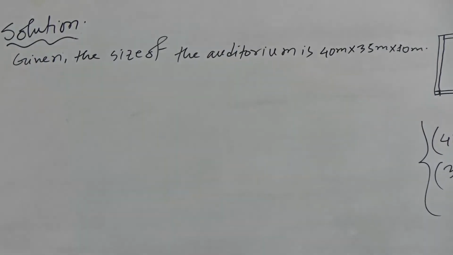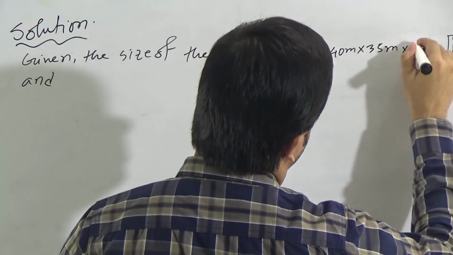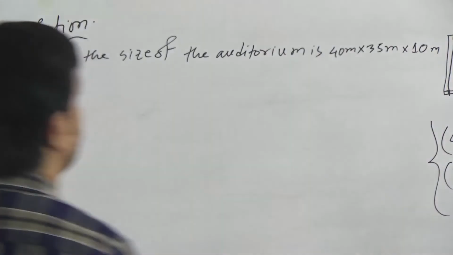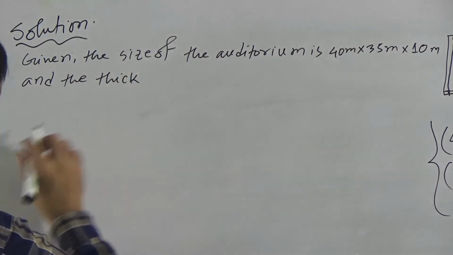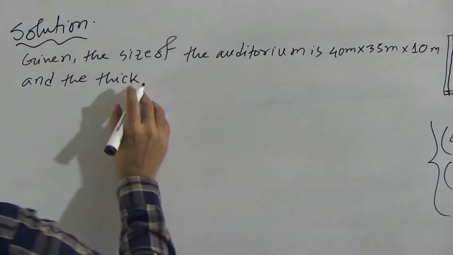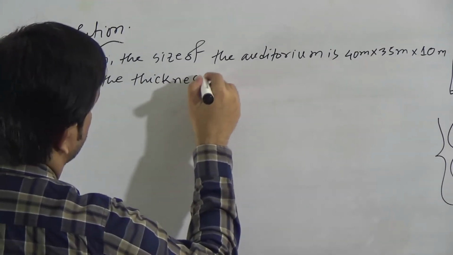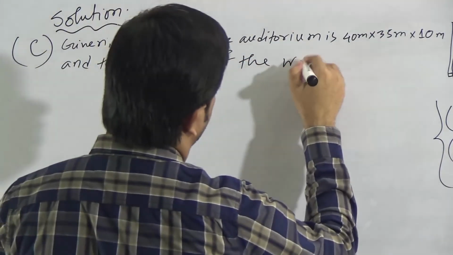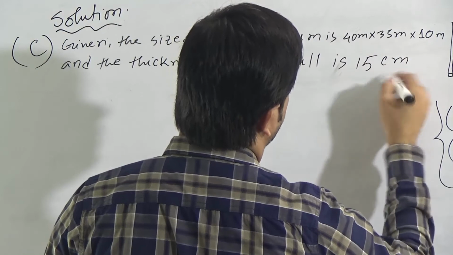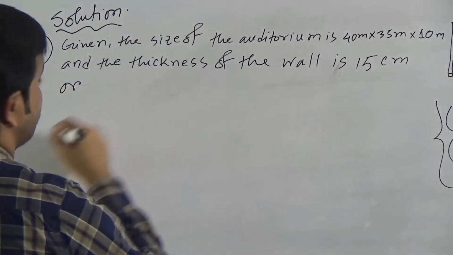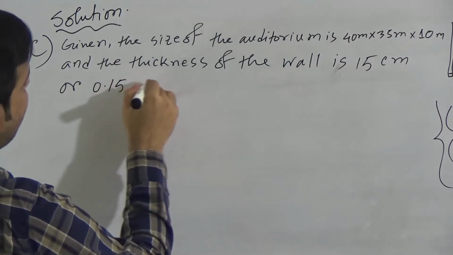This is the given information, and another information given, that is the thickness of the wall, this is question C. The thickness of the wall is 15 centimeter, or if we convert 15 centimeter into meter, we have to divide by 100. So we can say this is 0.15 meter.